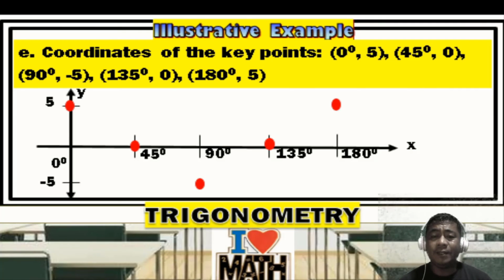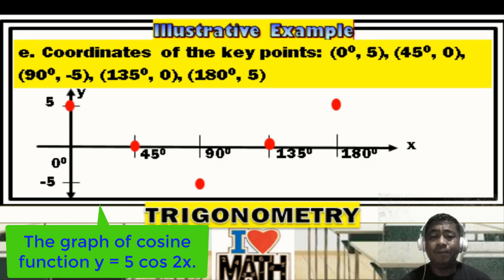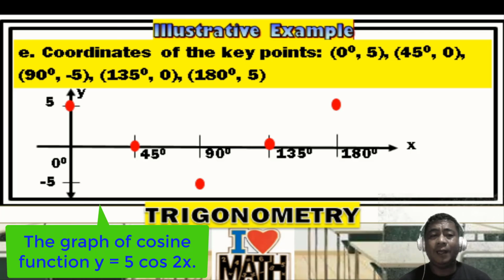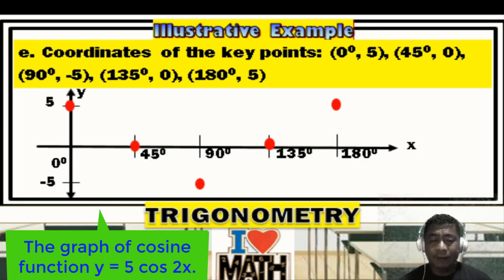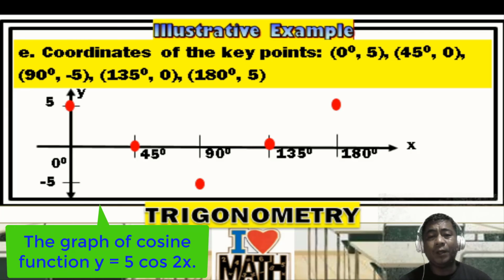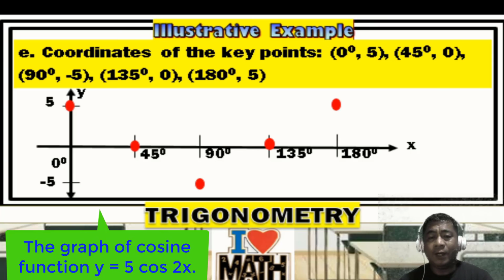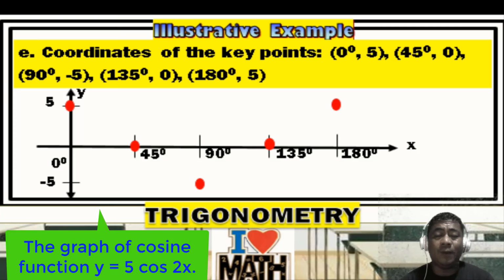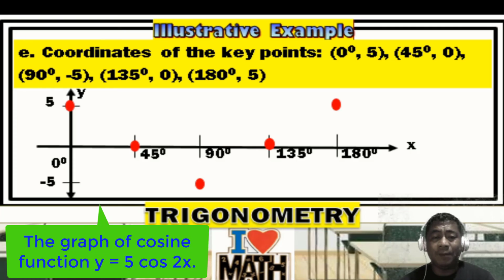The only difference is that we have the maximum ordinate for the first point, if we consider only one cycle of the graph of y equals a cosine bx.